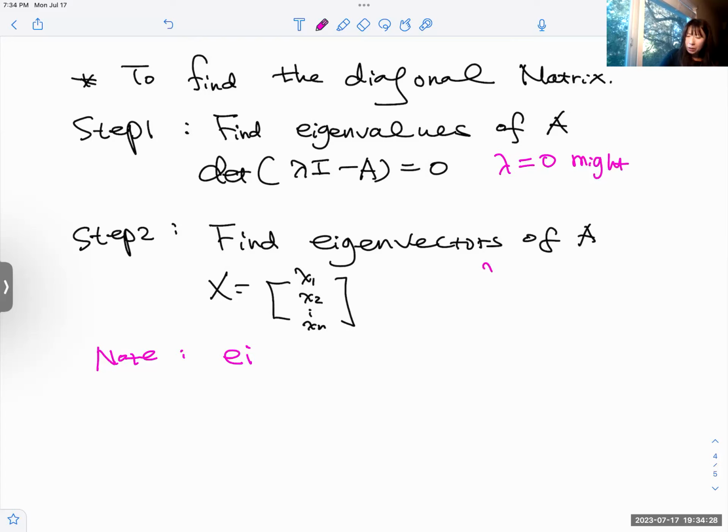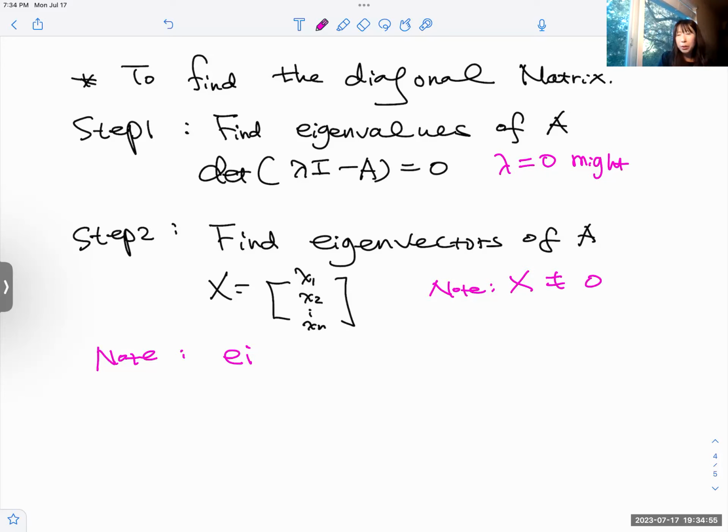But an eigenvector x cannot be equal to 0.